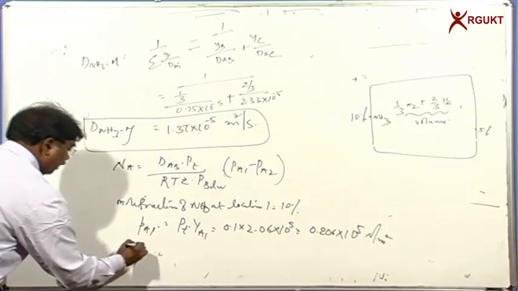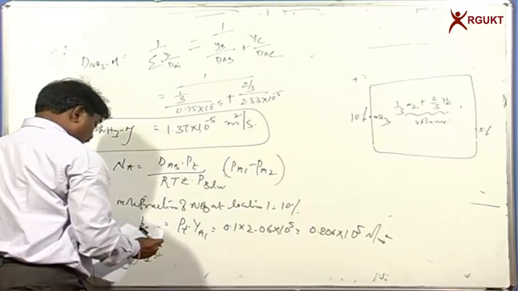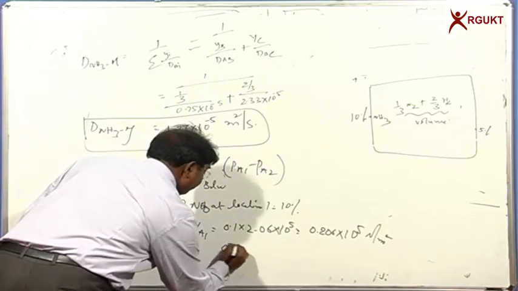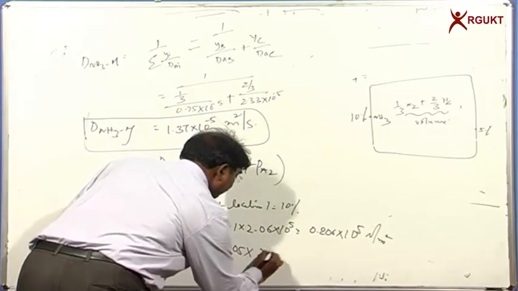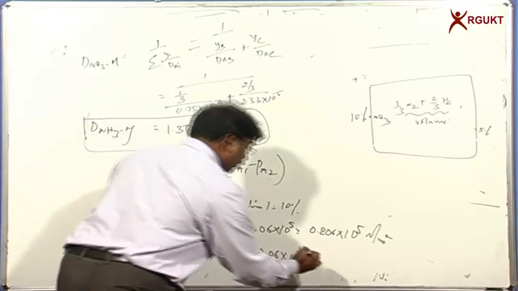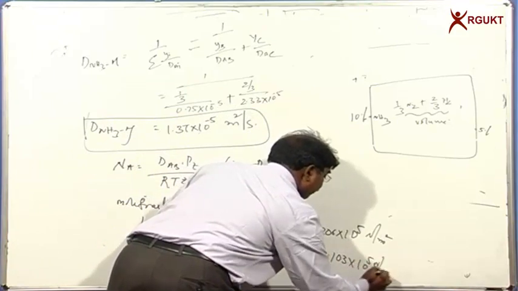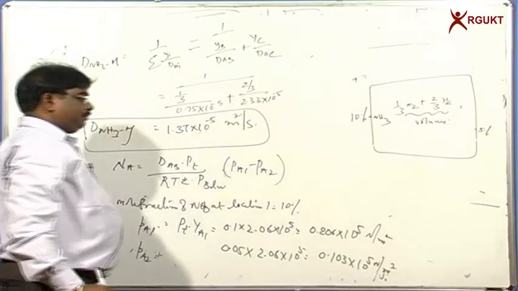Similarly, P_A2 is equal to 0.05 into 2.06 into 10 power 5, that is equal to 0.103 into 10 power 5 Newton per meter square.